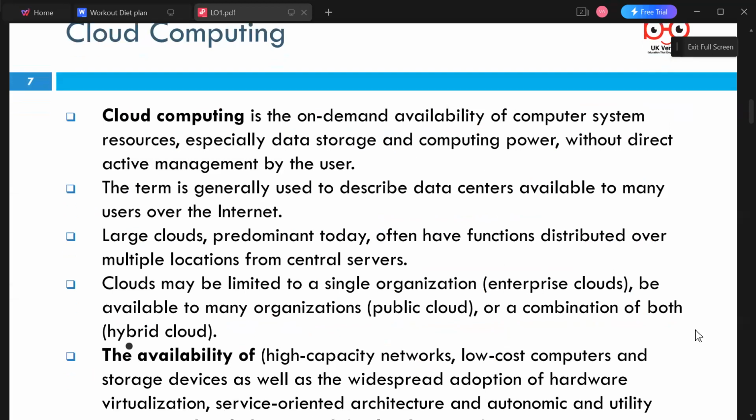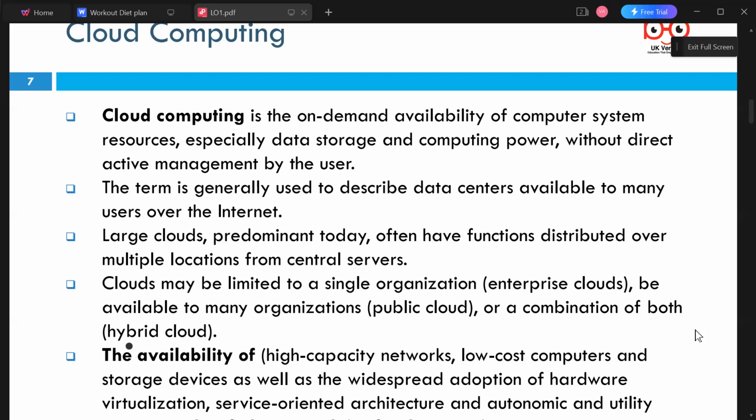Cloud computing, as we explained, is very on demand, and it is the availability of computing system resources, especially data storage and computing power, without direct active management by the user.